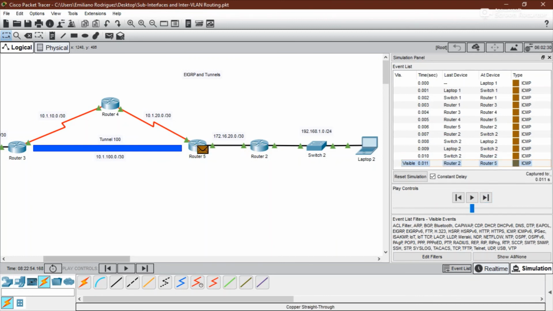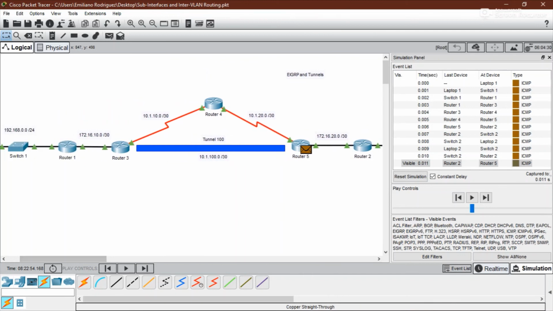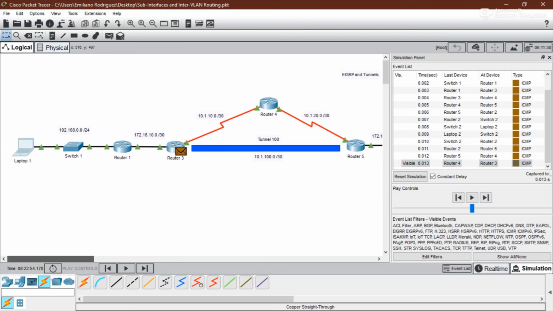When the packet reaches router 5 on the return, it will change its IP header to the tunnel IP network 10.1.100. And then it will change back to the 172.16.10 and then to the 192.168.0.0.